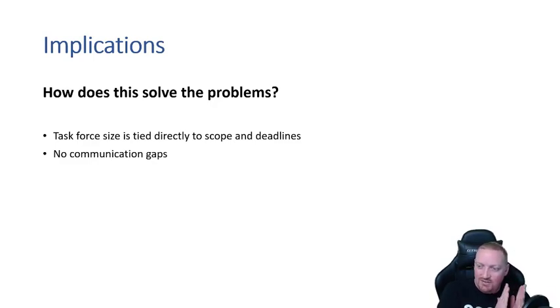So you can eliminate those communication gaps because you have teams that are comprised of the skills and the domain knowledge required to accomplish the story from beginning to end, instead of breaking it up into smaller tasks. It also means that we're getting the fastest possible time to delivery, because we don't have any of those communication gaps, right? We don't have any throwing over the fence.